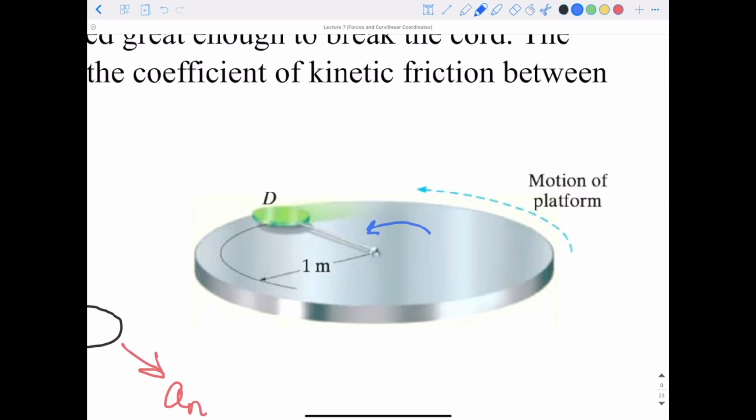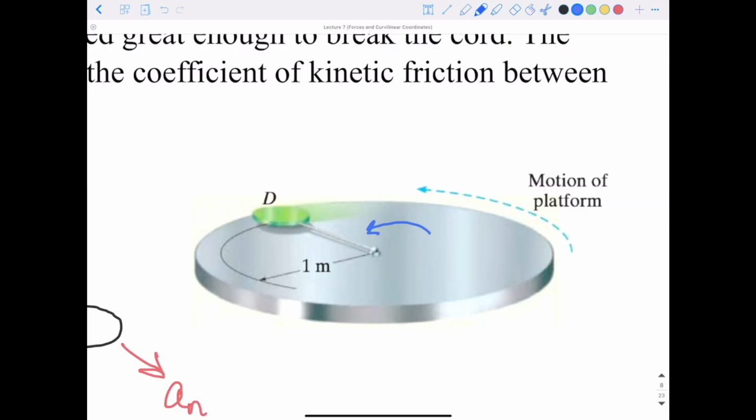So what is the direction of sliding of the disk relative to the platform? Is the disk moving clockwise or counterclockwise relative to the platform? Clockwise, right? So if the direction of sliding of the disk relative to the platform is clockwise, that means the force of friction acting on that disk must be counterclockwise.